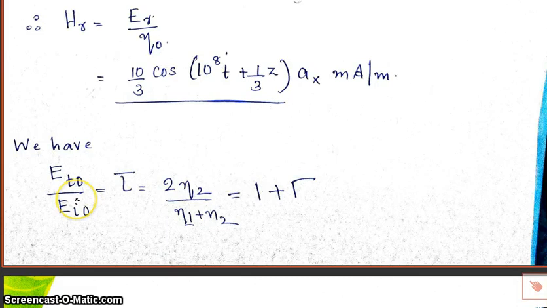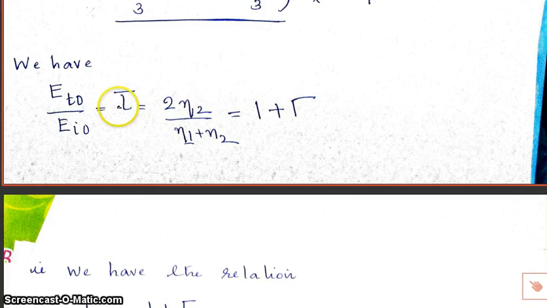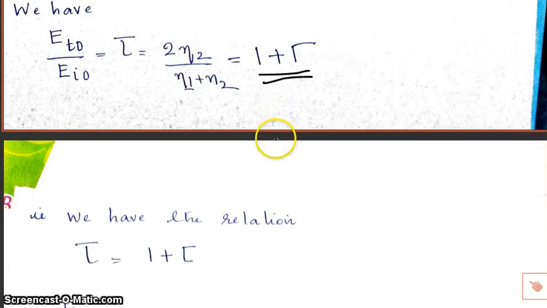Next, you have the transmission coefficient tau as E_t0 by E_i0, which is given by 2 eta 2 by (eta 1 plus eta 2), and which is connected to your reflection coefficient using the relation tau is equal to 1 plus your reflection coefficient. So here E_t0 by E_i0, instead of tau, I will be substituting 1 plus the reflection coefficient.